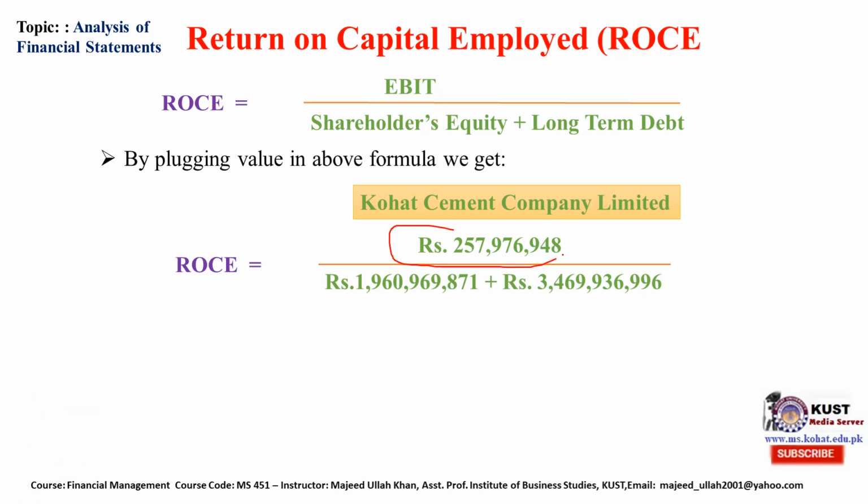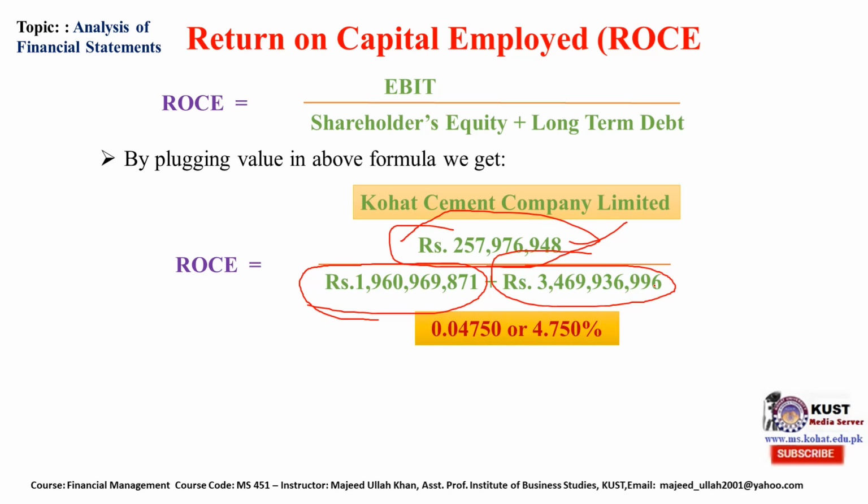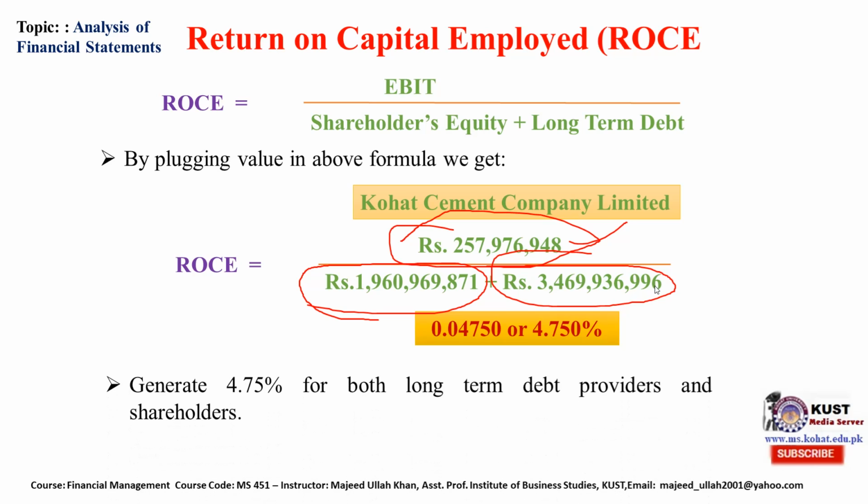This value is extracted from the income statement, earning before interest and tax. This is the shareholder equity portion of the balance sheet. This is non-current liabilities, meaning the long-term debt holders' portion of the balance sheet. So it generates a 4.7% positive return for both the parties, long-term debt providers and shareholders.